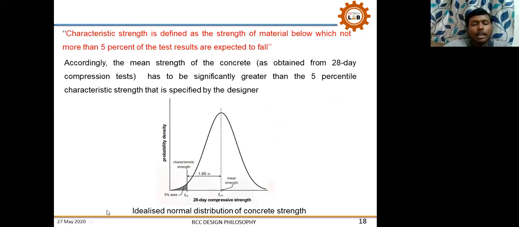This is the probability curve, the normal distribution, where they are considering 95% for safety and 5% for risk, because everything is considered to be risky. They cannot take 100%. These values are decided by both the structural engineer and the owners and designers who are outside the boundary of the structural engineer, who think whatever is economical, that I will take. I cannot put all the money into being 100% safe.